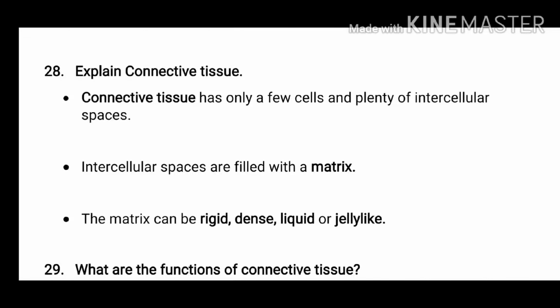The matrix can be rigid, dense, liquid or jelly-like. The matrix can be very rigid or very dense, or it may be in the form of a liquid, or maybe in a semi-fluid state, that is, a jelly-like substance.